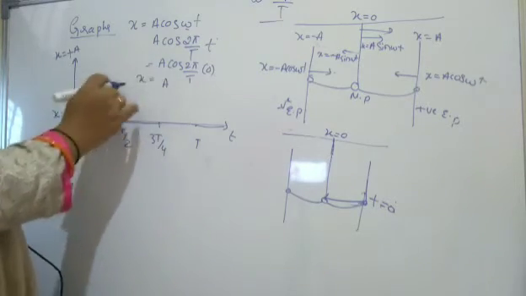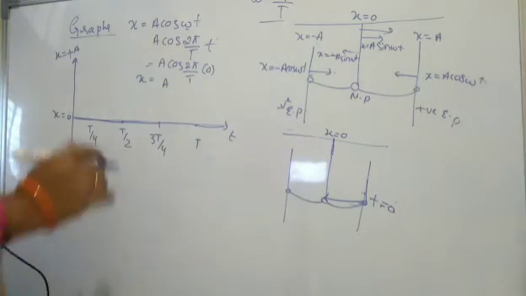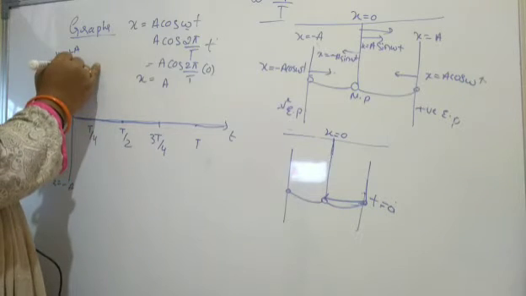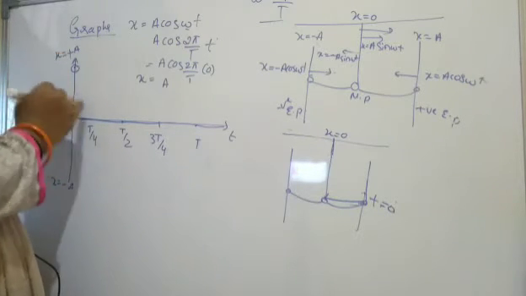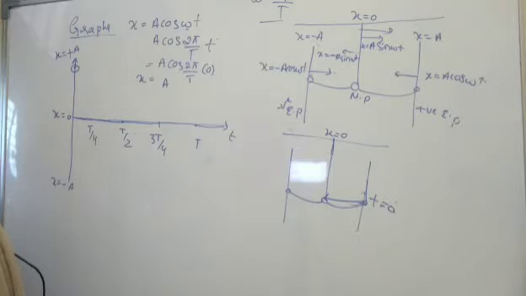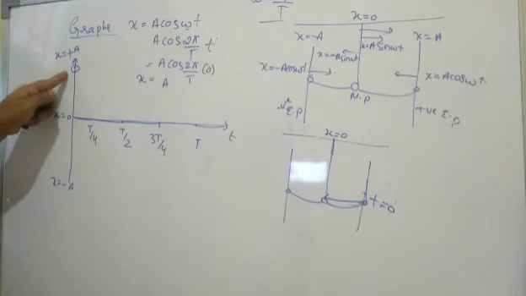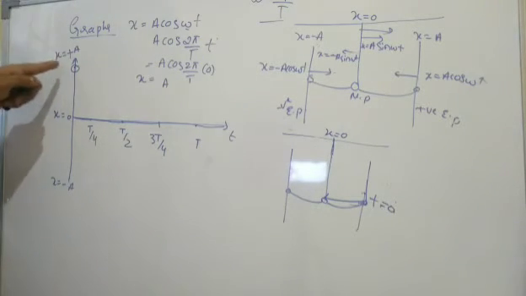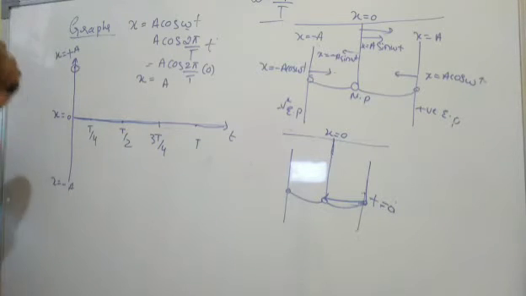A. x is equal to a. Now the particle is at the extreme position. At t is equal to 0, the particle is at the extreme position because the particle is moving from x is equal to a, executing the simple harmonic motion.